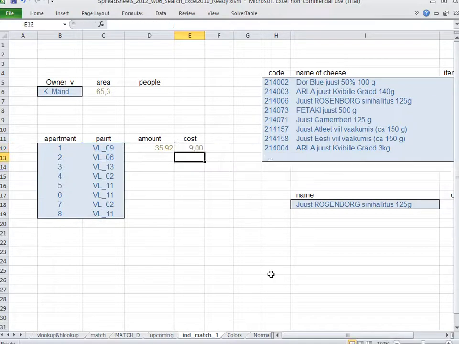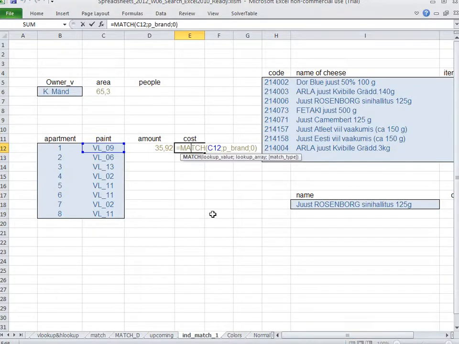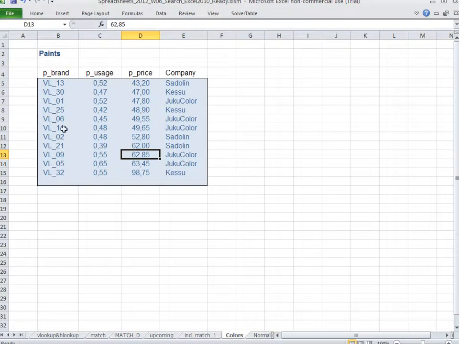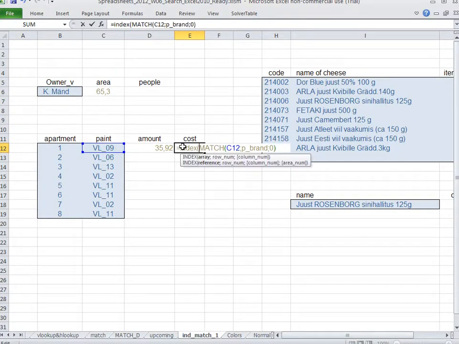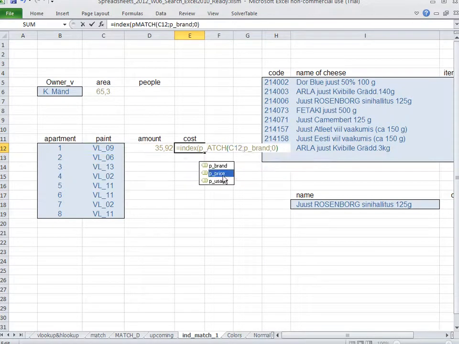VLO9 is on the 9th row. But once again, this is not a general rule in here. 13th paint is on the 1st row, 30th in the 2nd row. And now we take this 9th row, we use INDEX, parenthesis, the box name is called P price.